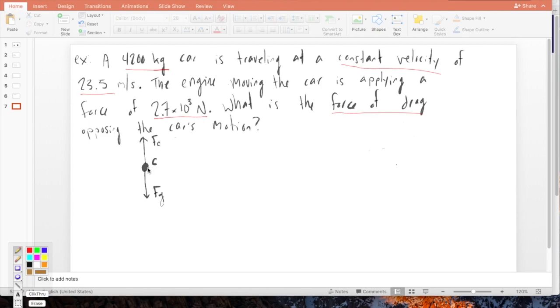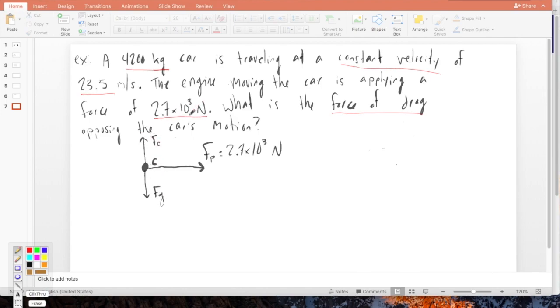I'm going to have a force coming off here to the right. I'm going to maybe call that the force of the engine or the force of push or something like that. And I know that that equals 2.7 times 10 to the third newtons. Once again, we weren't worried about the size of these up and down forces because we know they cancel out.